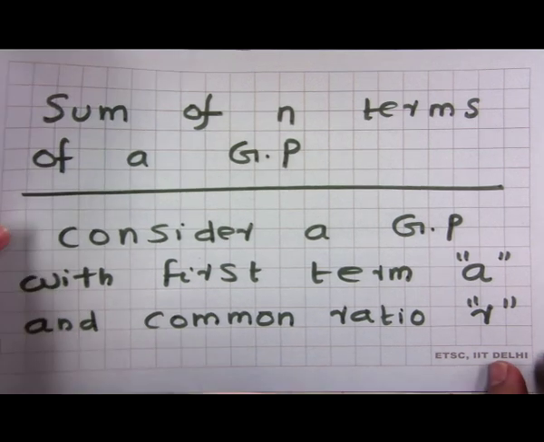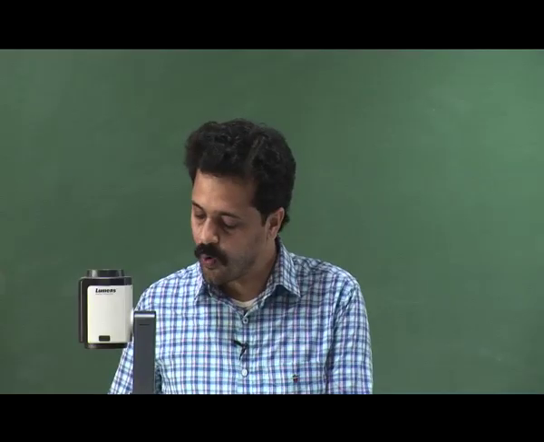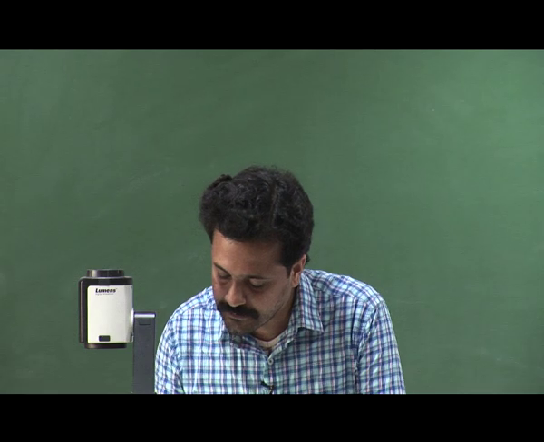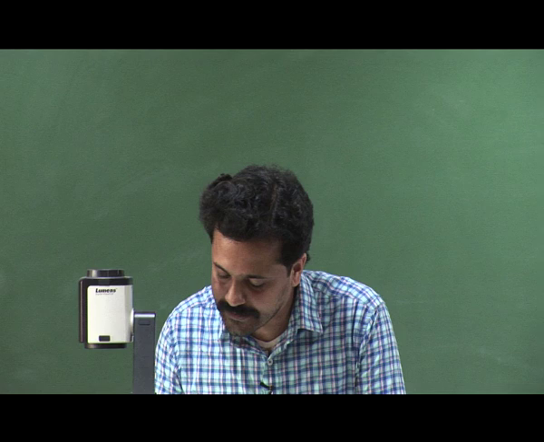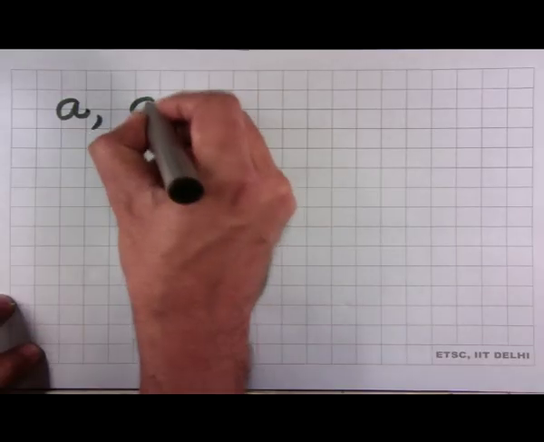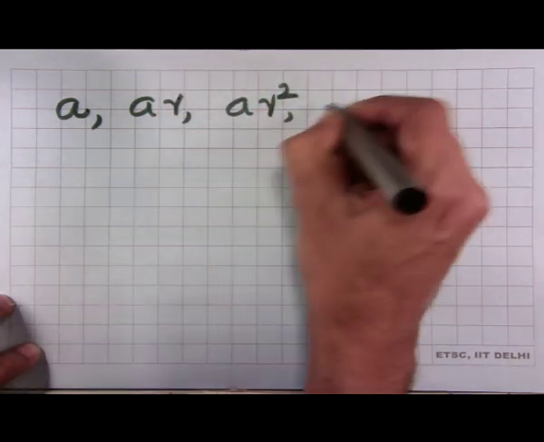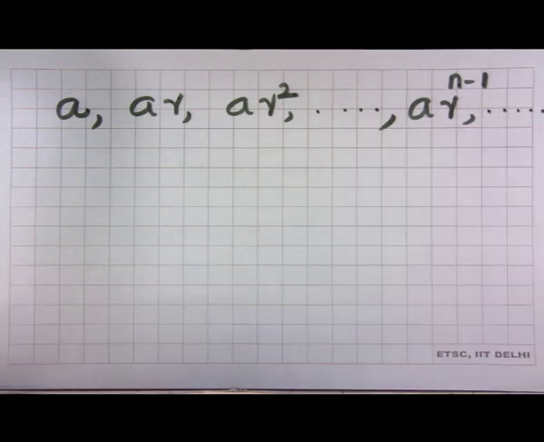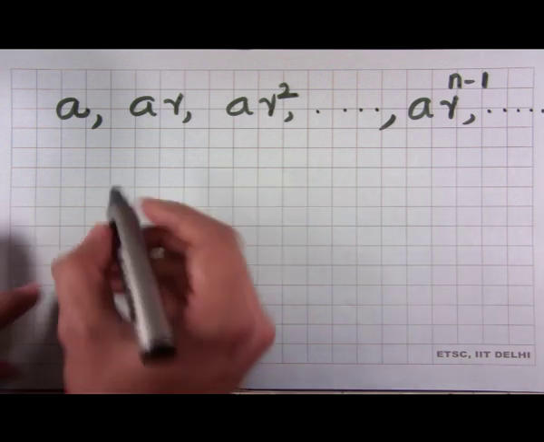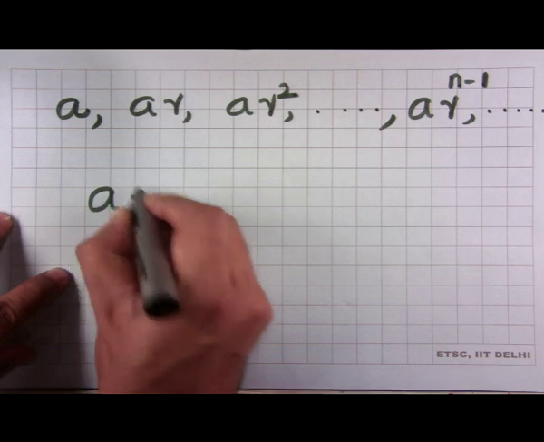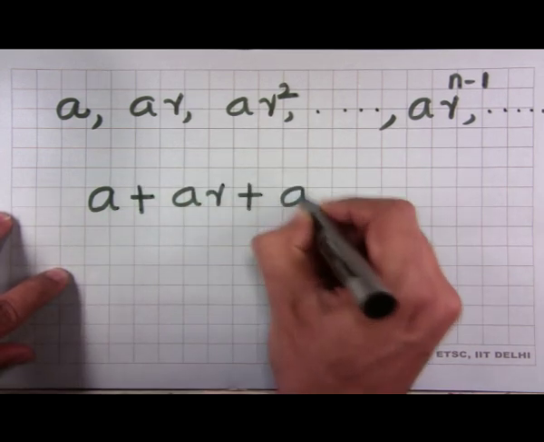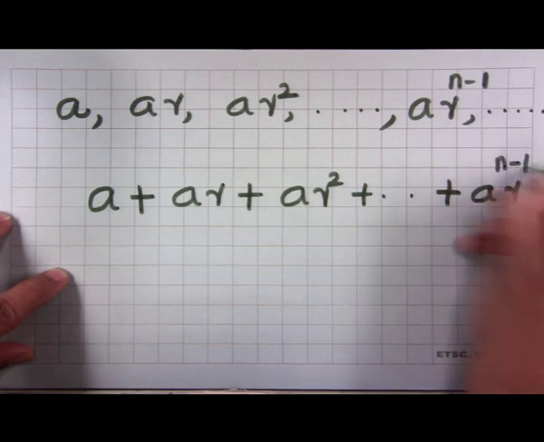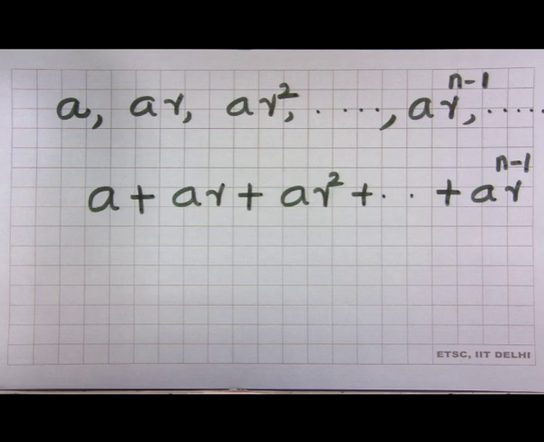Note that a GP with first term a and common ratio r can be represented by the list a, ar, ar square, etc., nth term a r power n minus 1, etc. Our goal is to find a formula for a plus ar plus ar square plus etc. up to the nth term, namely a into r power n minus 1.